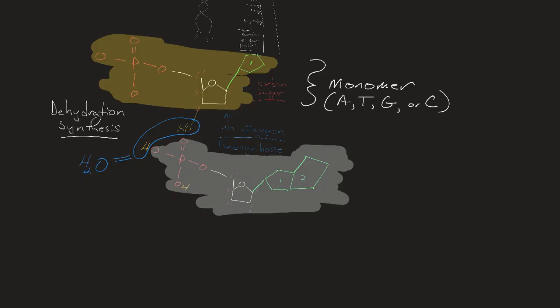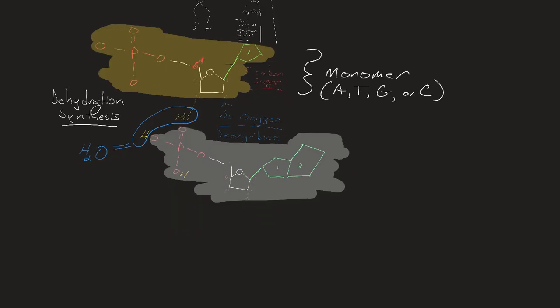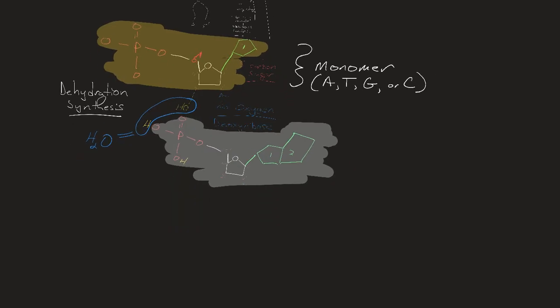Let me rewrite it because of the highlighting. 5'. A phosphate is attached to it. So on the 5' end, you have a phosphate sitting there. And then the 3' end has a hydroxyl. So on the 5' end, I expect you know there's a phosphate. On the 3' end, there's a hydroxyl.